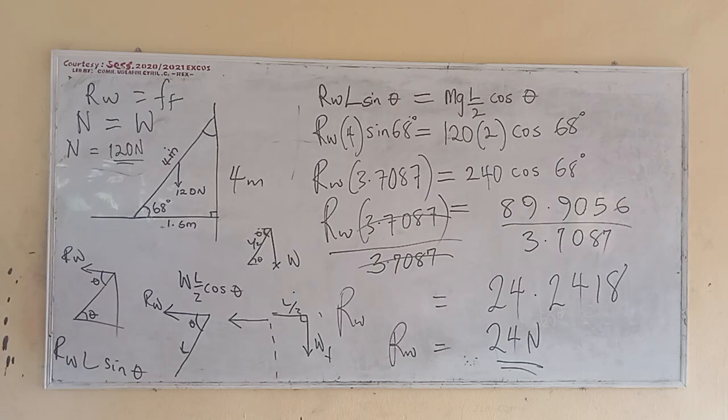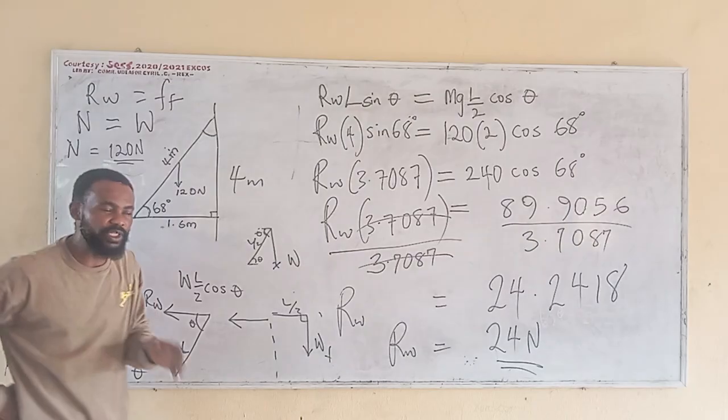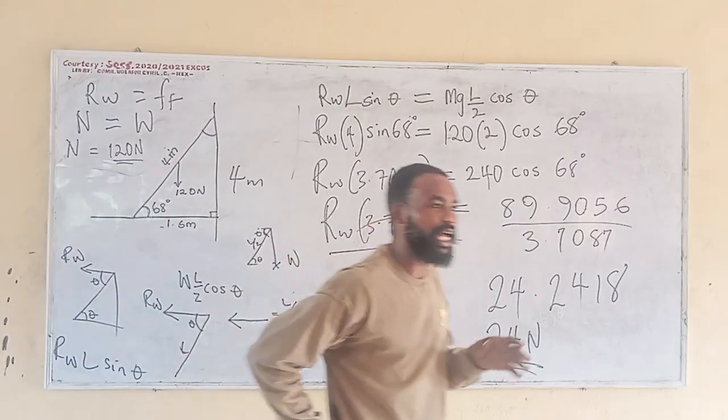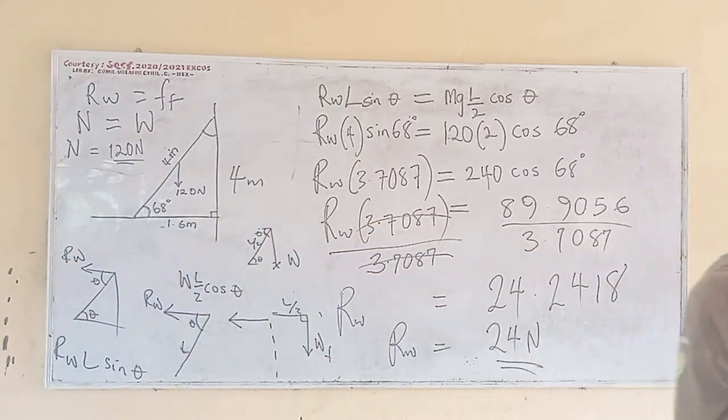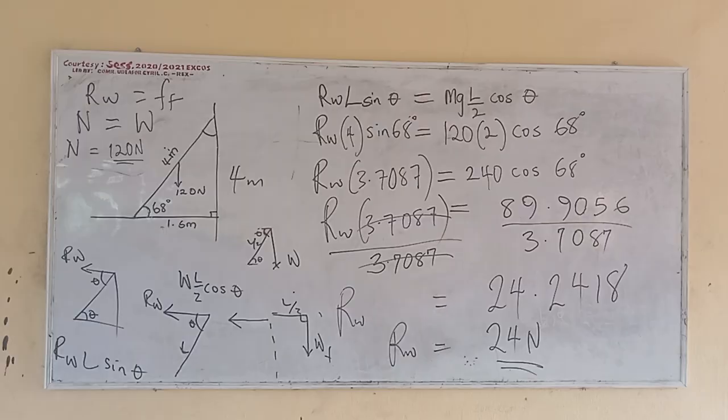What I'm saying is this: doing this thing inside the exam hall is you wasting time. What you just need to do is that once it has to do with a linear ladder, the vertical axis, the y-axis, is simply the torque you are talking about.